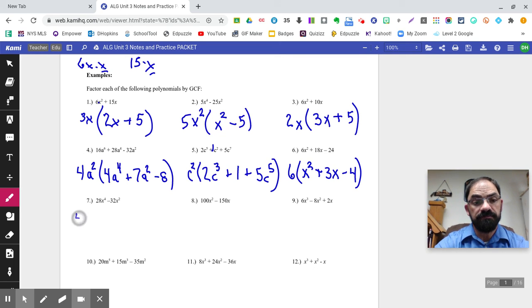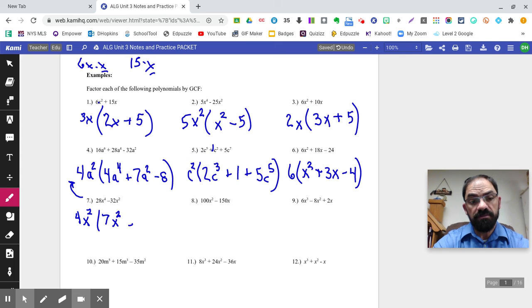It's still 4. We did that one up here with the 16. So that's going to be 7x squared, bring down the minus, 8, and that's it.